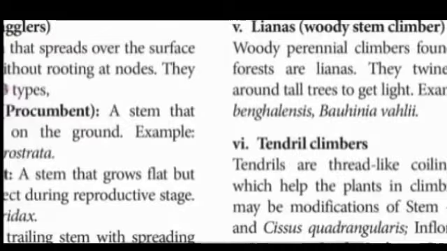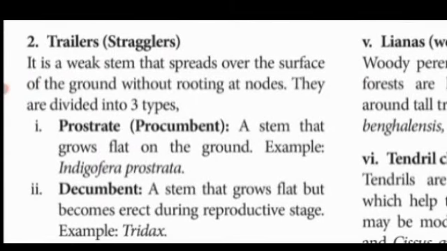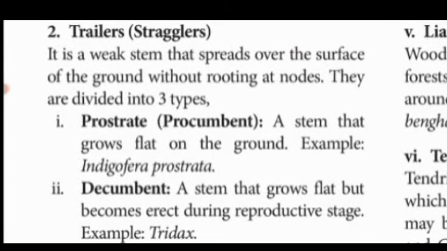The next is the trailers. The trailers are also called stragglers because they have a weak stem. They are again classified into prostrate, decumbent, and diffuse. The trailers are weak stems that spread over the surface of the ground without rooting at the nodes.